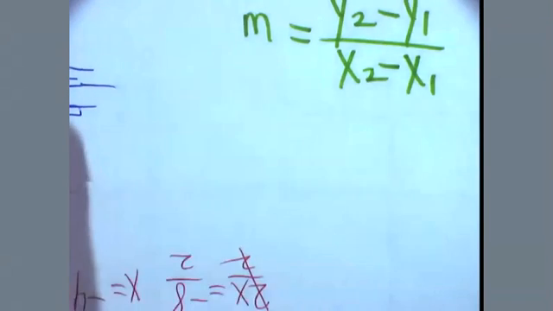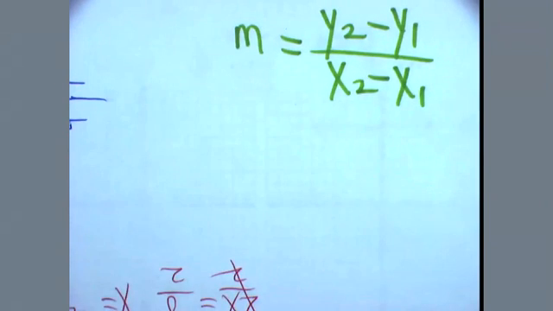This is nothing new to our original rise over run or change in Y over change in X definition. We just rewrote it with letters. So we just take the Y coordinates and subtract them, divided by the X coordinates and subtract them.